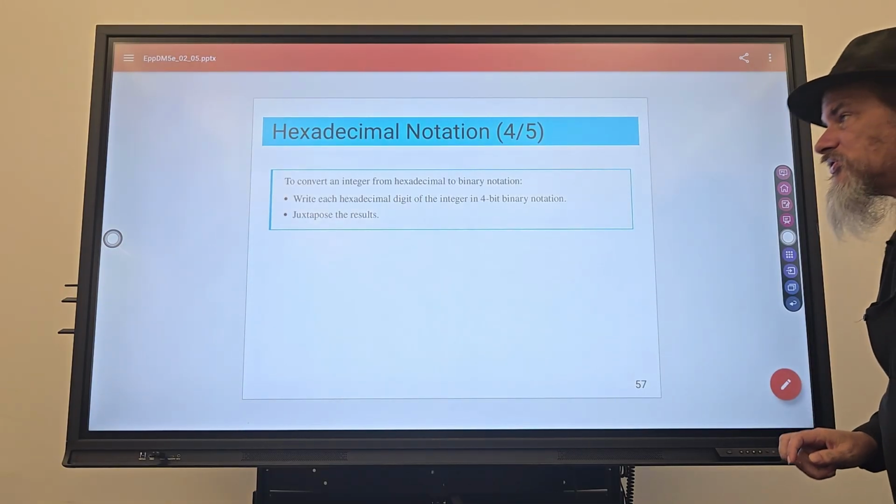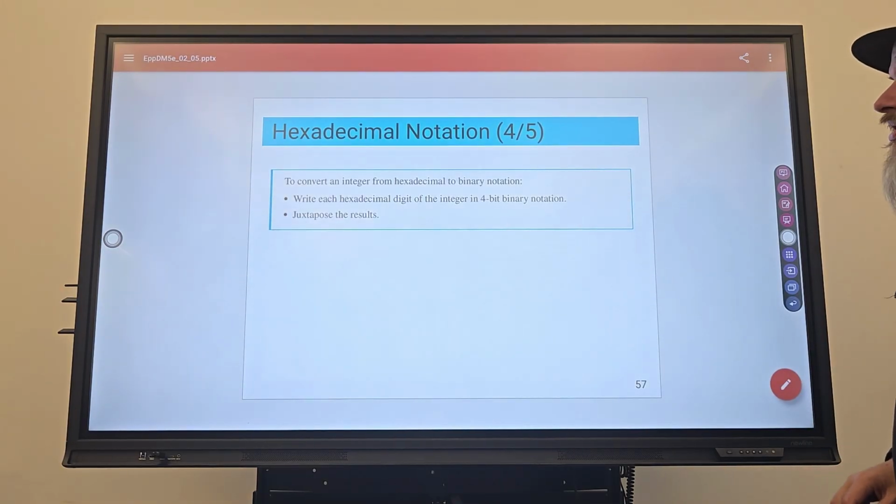To convert an integer from hexadecimal to binary, write each hexadecimal digit of the integer in 4-bit binary notation, and then just juxtapose the results.